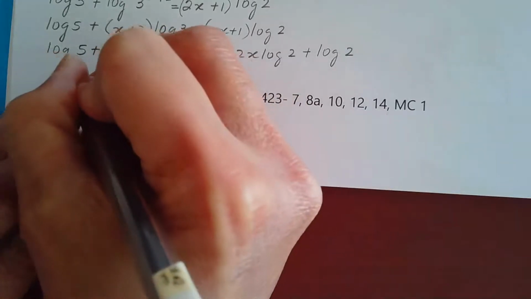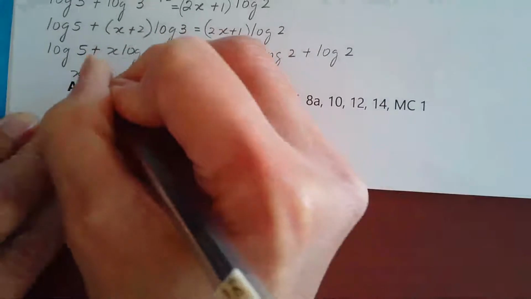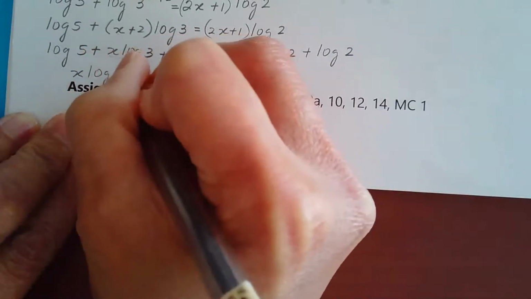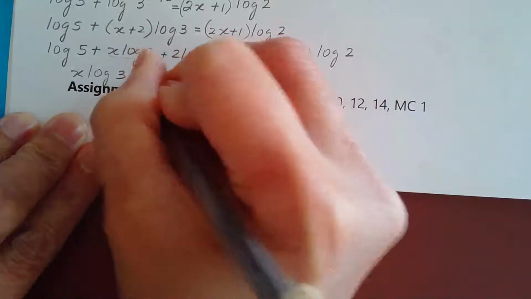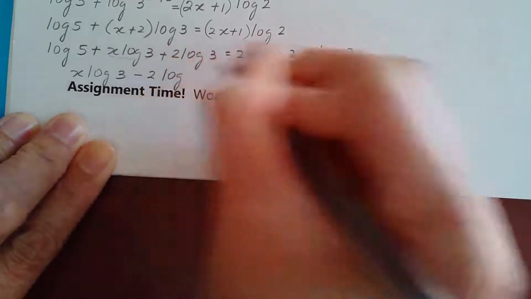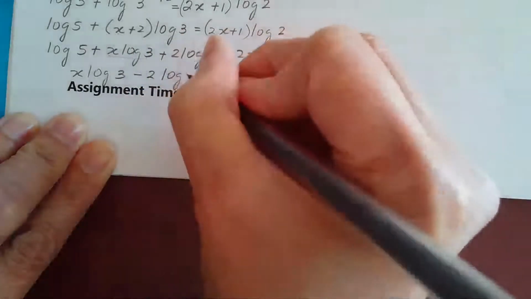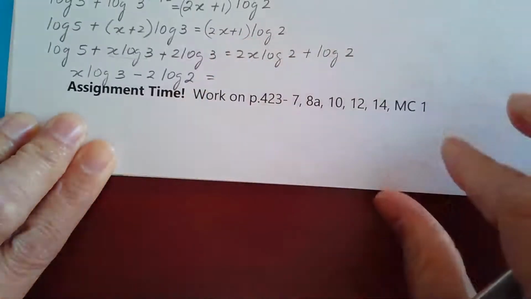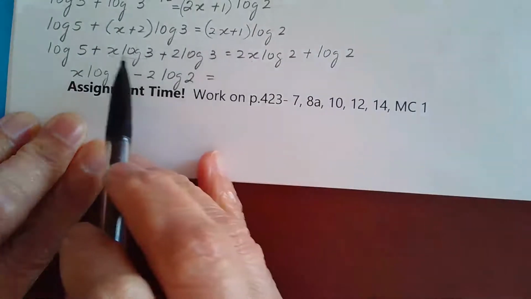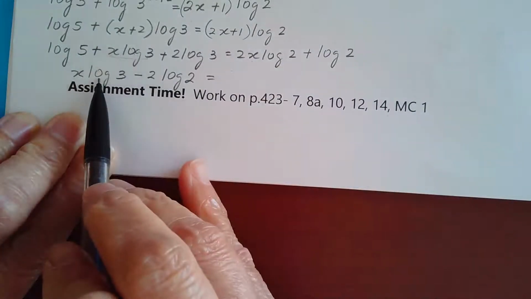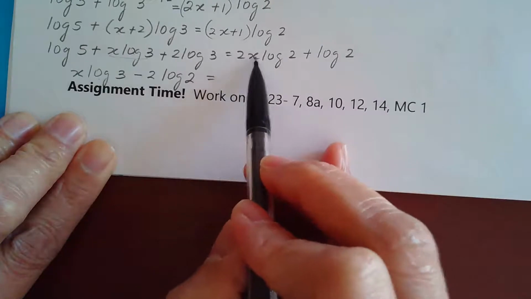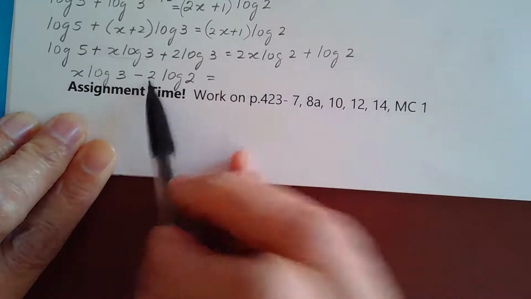So this becomes x log 3 minus 2x log 2 equals, and if I take 2x log of 2 to the other side, it becomes negative.